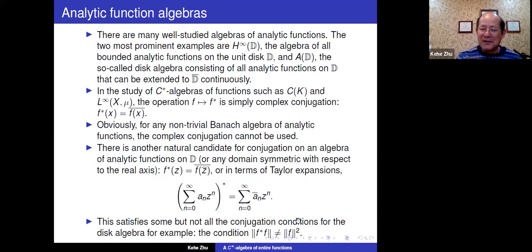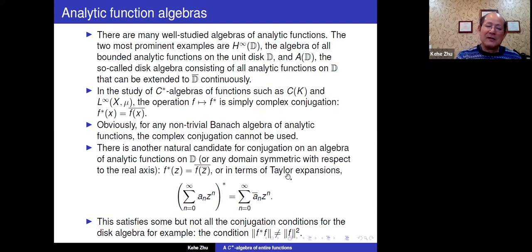And for that algebra, this fourth condition will be true, and therefore you will get a C-star algebra of entire functions.